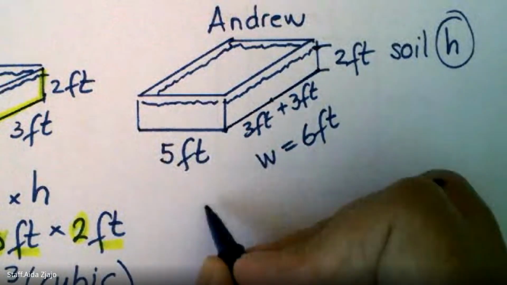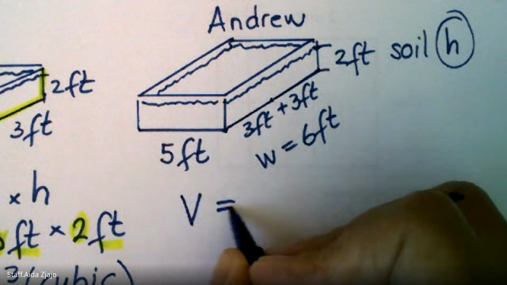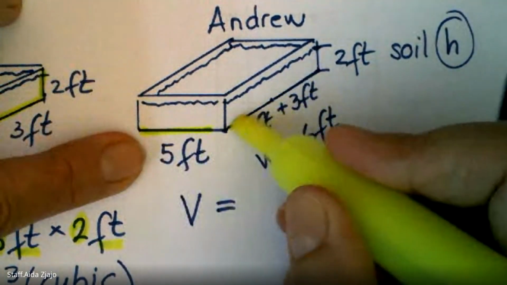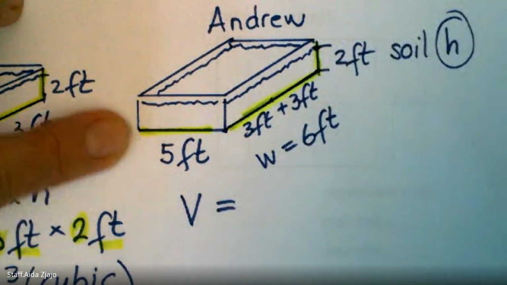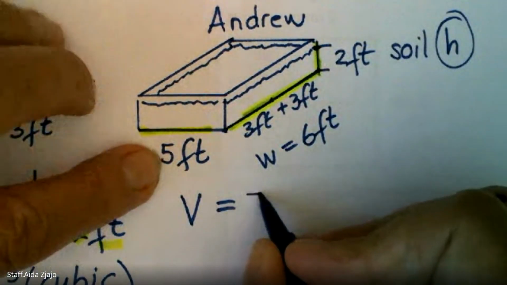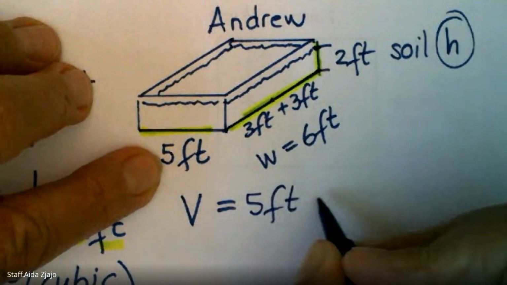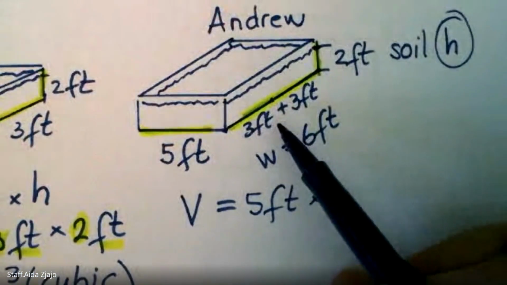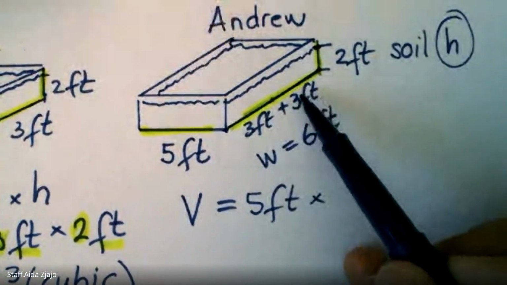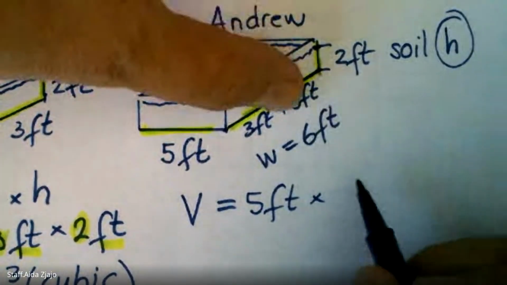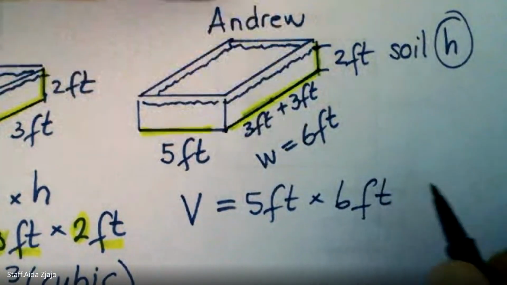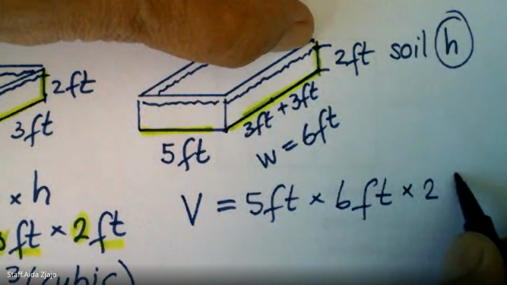Andrew, also volume equals the length times the width times the height. So the width is 5 feet times, now his is twice as wide, so here it will be not 3 but 6 feet, and the height is the same. They both want to have 2 feet.